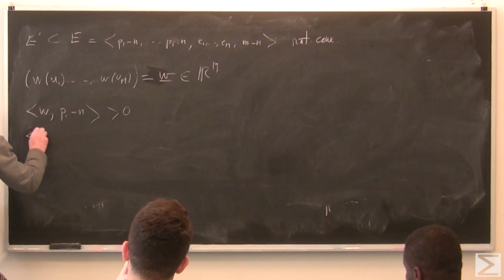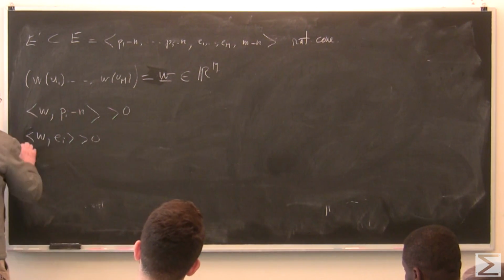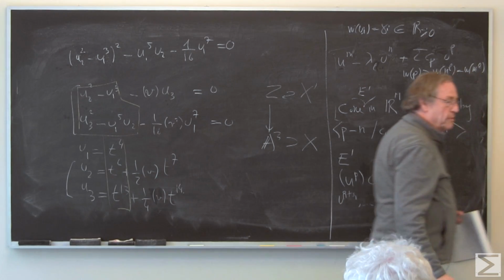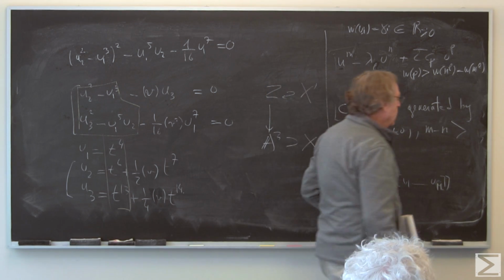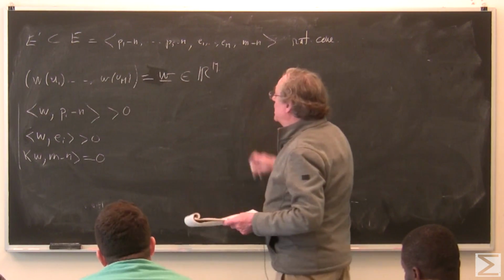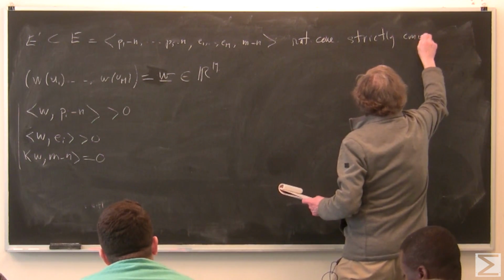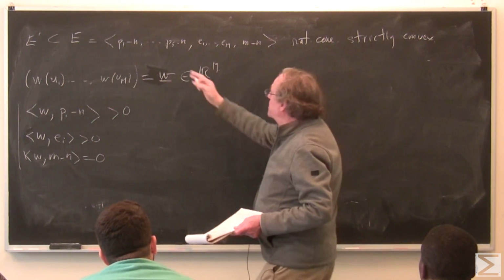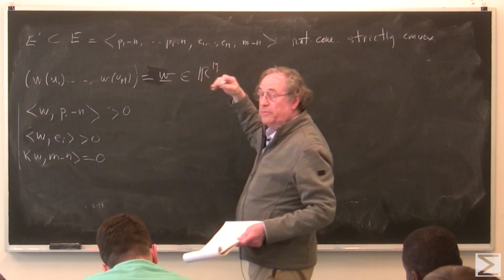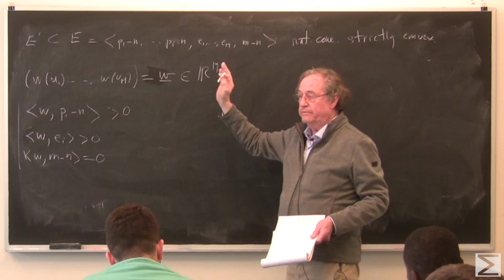The scalar product of W with the EI is strictly positive, and the scalar product of W with M minus N is 0, because we assume that M and N have the same weight, they are the exponents of our binomial. However, this cone here is strictly convex precisely because all the vectors which generate it satisfy this inequality, except the last one, but the last one I take only positive linear combinations. So you see that this cone cannot contain any vector space.